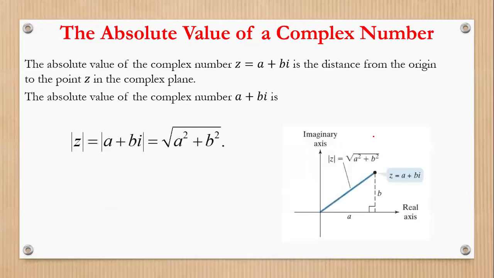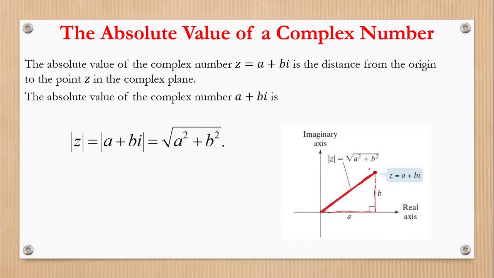Now, how can we find the absolute value of a complex number? Absolute value means the distance from the point to the origin, which means the distance of this line. Since we can create a right triangle, where this side is b and this side is a, the absolute value is exactly the hypotenuse of that right triangle.